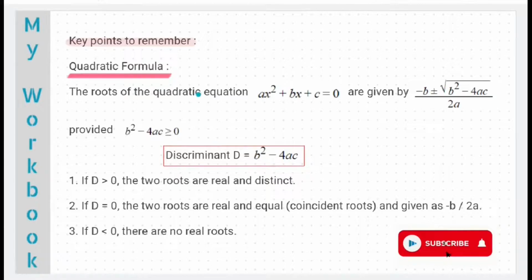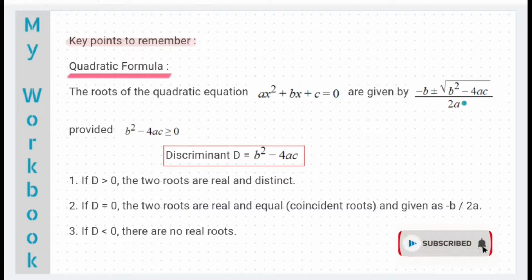Quadratic formula. Let us see what is the formula to find the roots of the quadratic equation. If the equation is in the general form ax square plus bx plus c equal to 0, then the roots are given by minus b plus or minus root of b square minus 4ac divided by 2a, provided that b square minus 4ac is greater than or equal to 0.